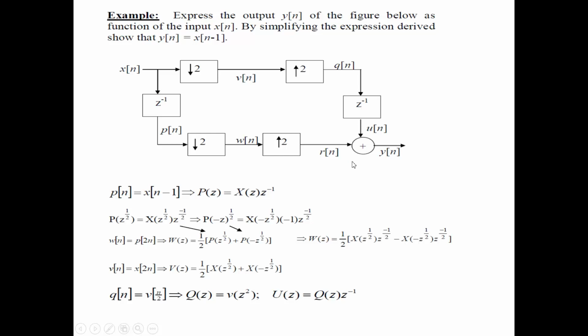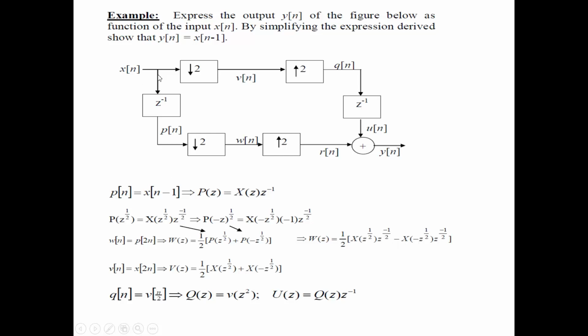Ultimately, as the question says, y[n] has to be expressed in terms of x[n]. So that's what we are trying to do. We reach this point where the z transform of w[n] is expressed in terms of X(z).